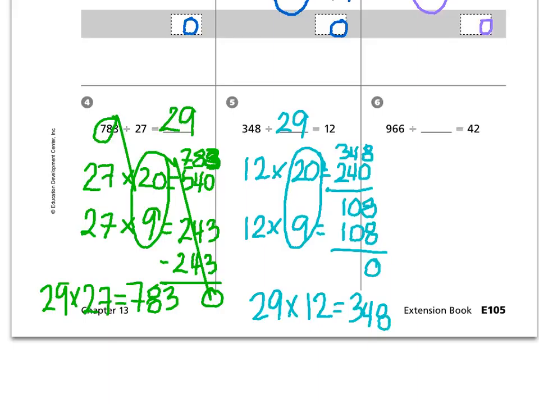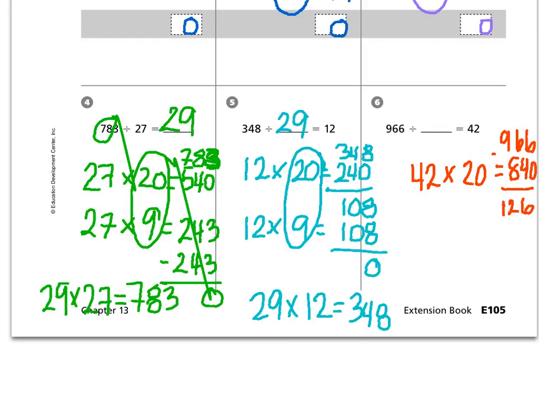Do the same thing for number 6, where I'm going to take 42 times what is going to get me close to 966. And I know 42 times 20 is going to equal 840. So I'm going to take 966 minus 840, and that's going to equal 126.